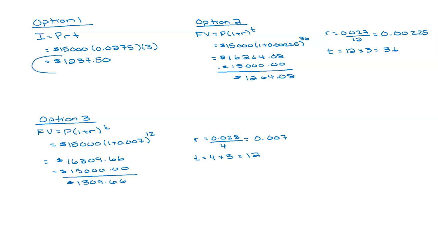Well, option 1, he only pays $1,237.50. So we can say that he should choose option 1, even though it's a higher interest rate.